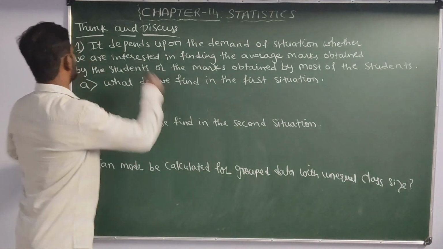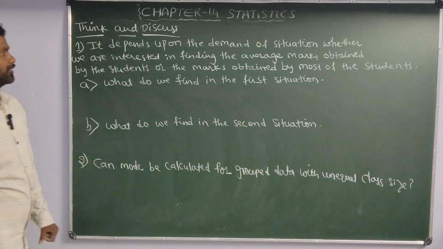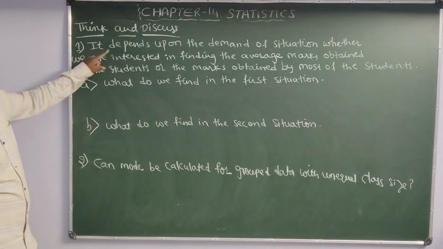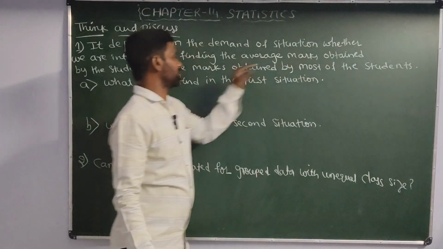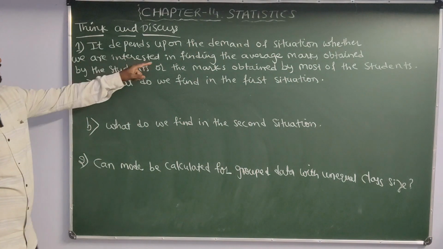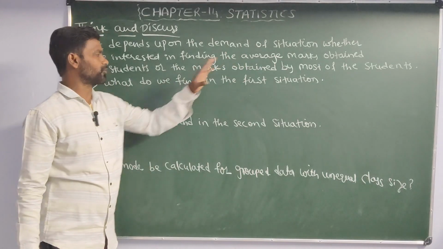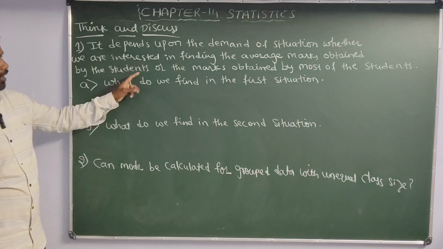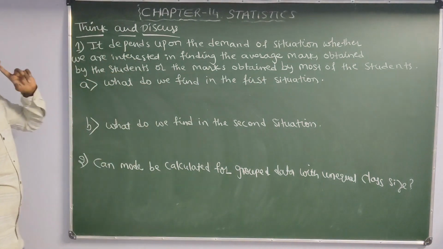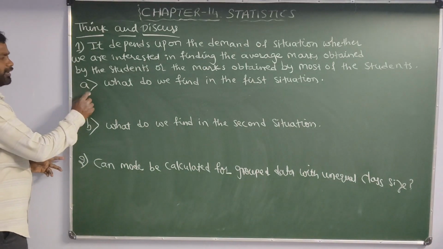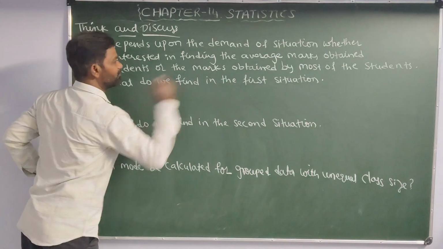Right. Next question. Think and discuss. In the first one, it depends upon the demand of the situation whether we are interested in finding the average marks obtained by the students or the marks obtained by most of the students. In that question number A, what do we find in the first situation?